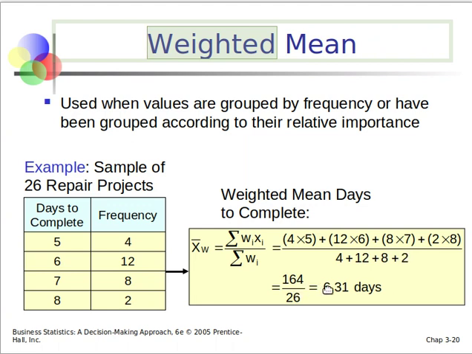The final answer is 6.31 days. That's the weighted average, or the weighted mean. That's the center of this data set.